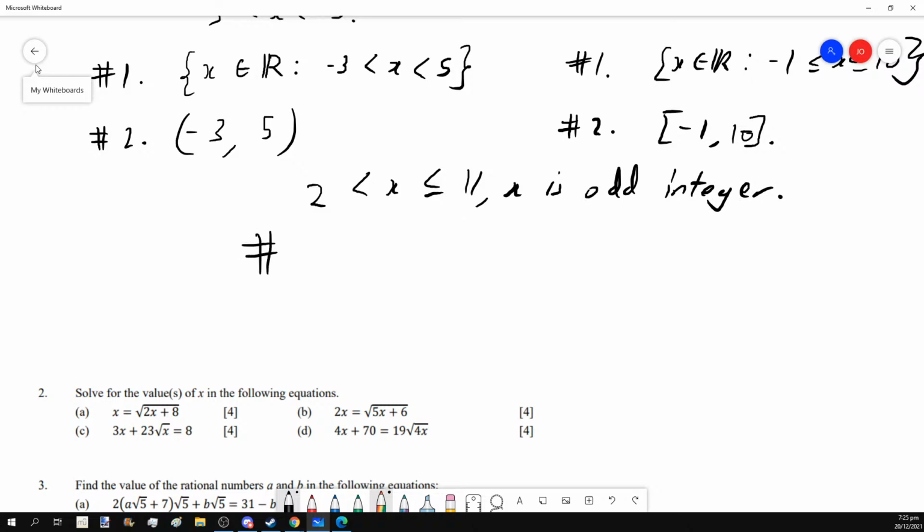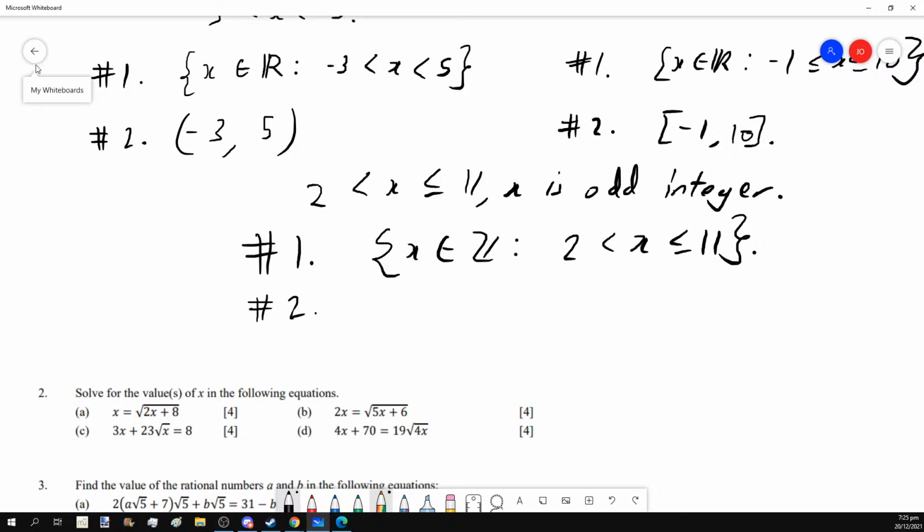Then of course your option 1 will be x is an integer such that x is between 2 and 11, with 11 inclusive, 2 exclusive. Option 2, if you want to use intervals here, it will be a bit silly. Then we will say that I am not including 2, I am including 11, and I am including the additional restriction that x will be an integer.